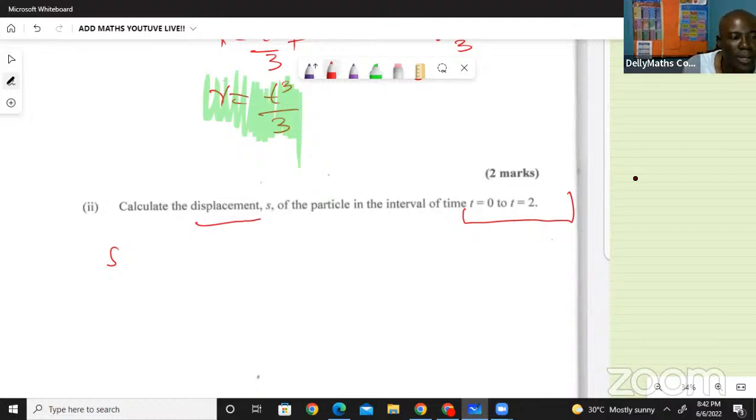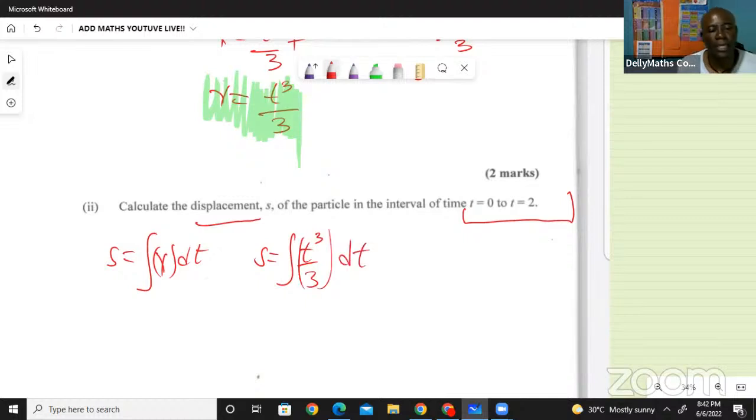Thank you. All right, so we're saying the displacement is equal to the integral of velocity dt. Now, we have a function for that. So the displacement is equal to the integral of t to the third over 3, dt.